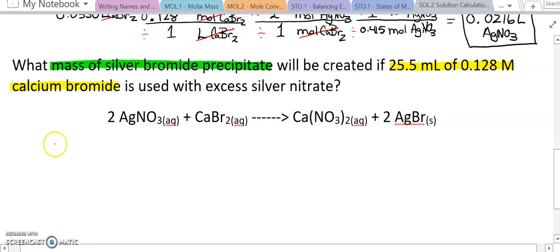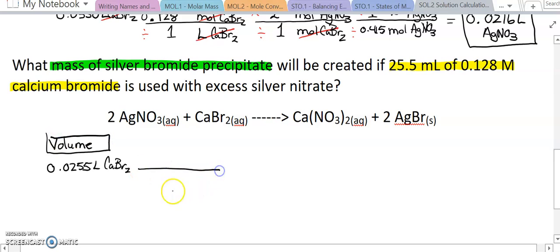So again, I need to take and start with my volume. But my volume has to be in liters. So I'm going to start with 0.0255 liters of this calcium bromide. And if I start with volume and I set up my problem, I know volume is going to go on the bottom so it can cancel out.